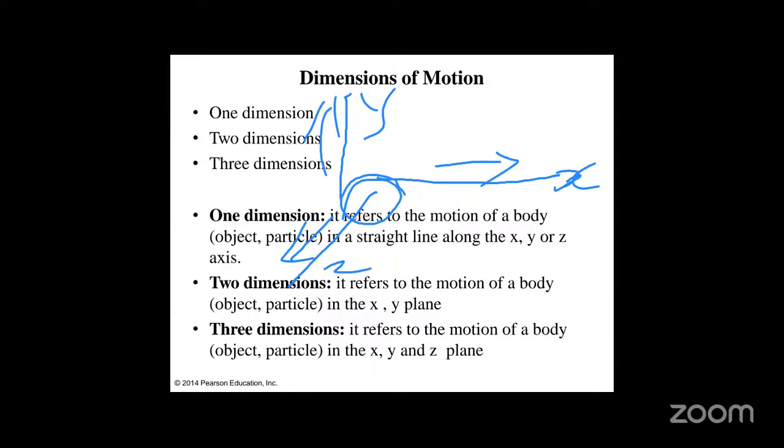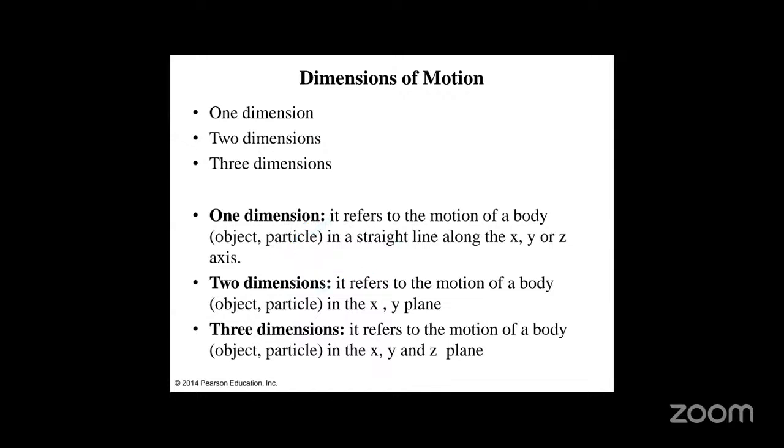It is not moving up. It is moving horizontally. So that is one dimension. Motion in one dimension: the object is moving in a straight line along the x-axis, or along the y-axis, or along the z-axis.